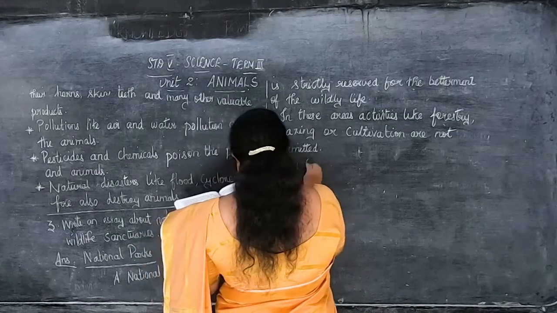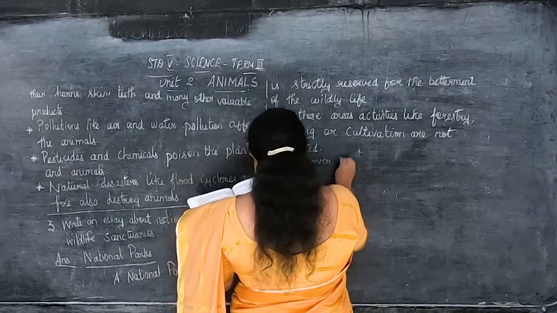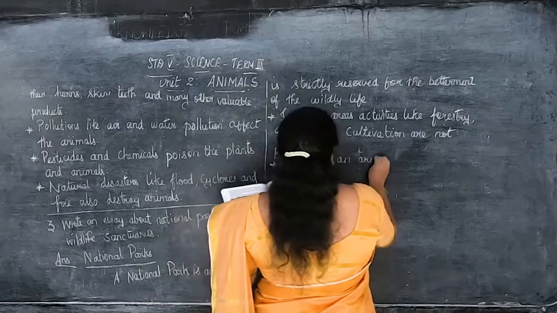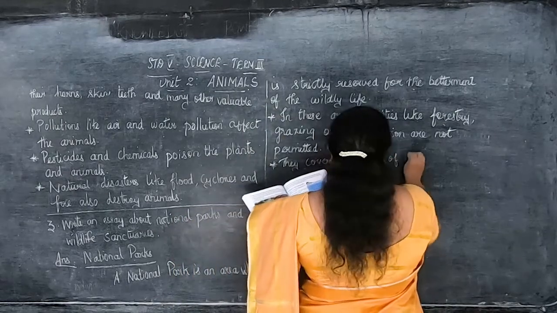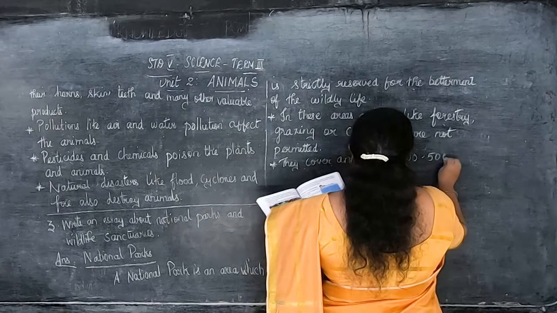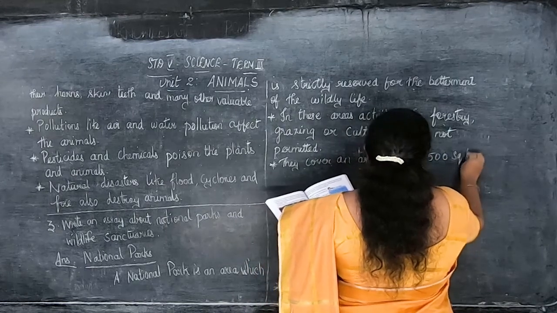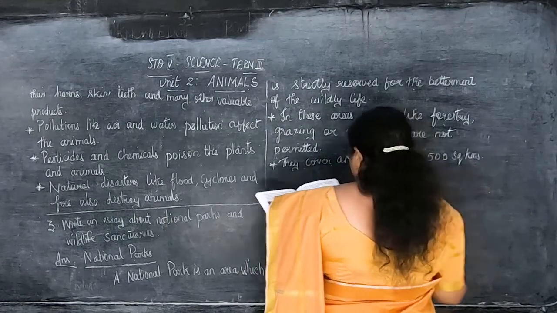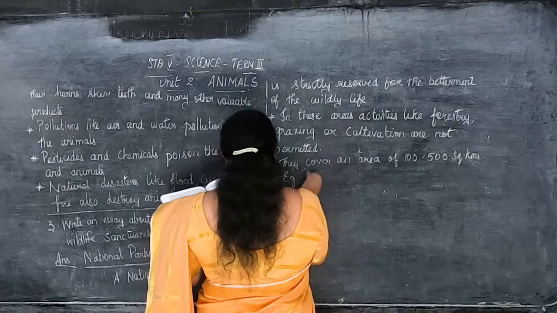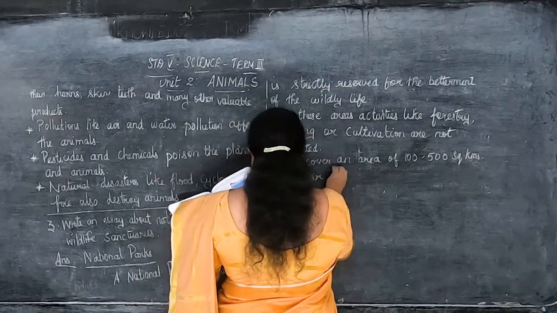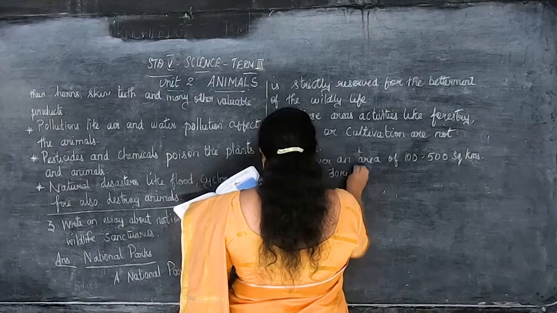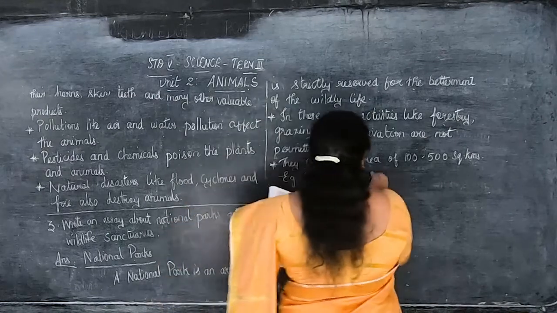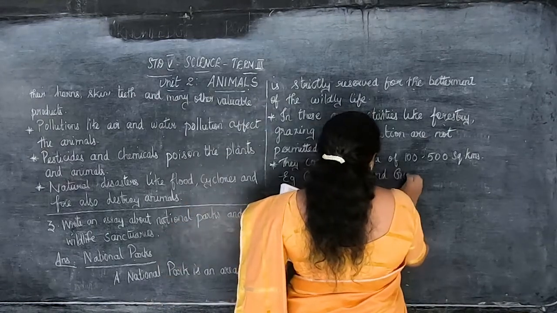They cover an area of 100 to 500 square kilometers. Example, Gir Forest and Guindy National Park.